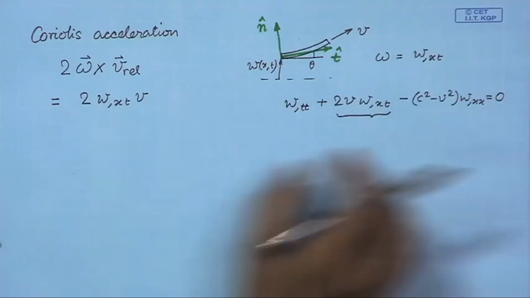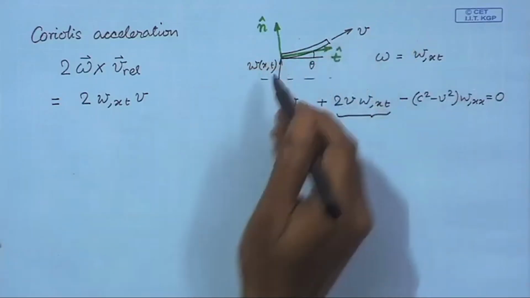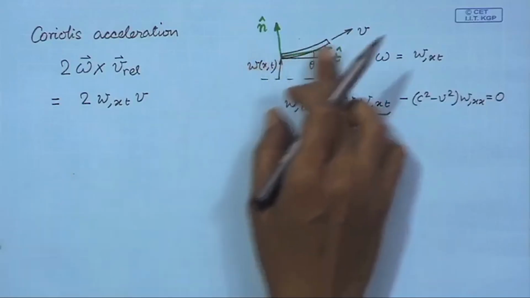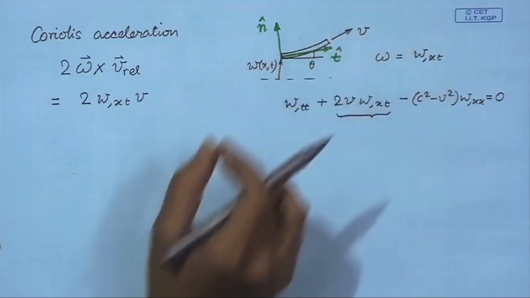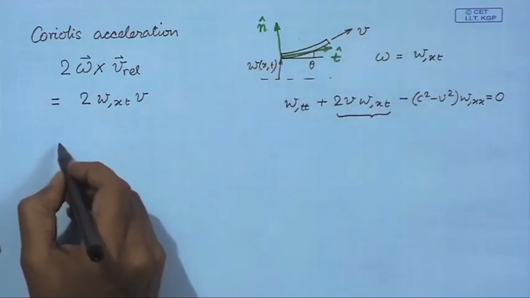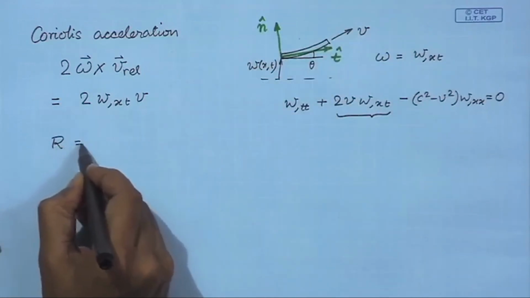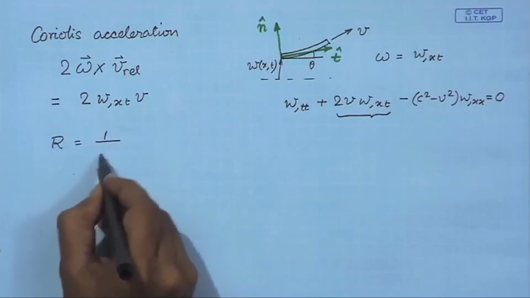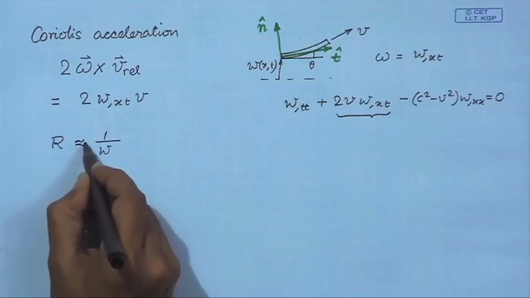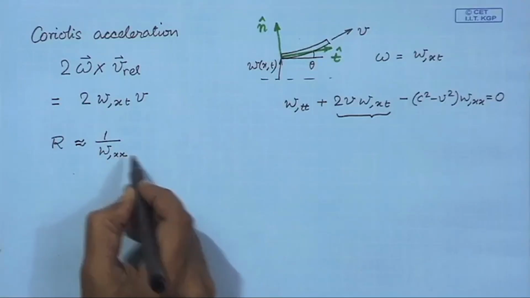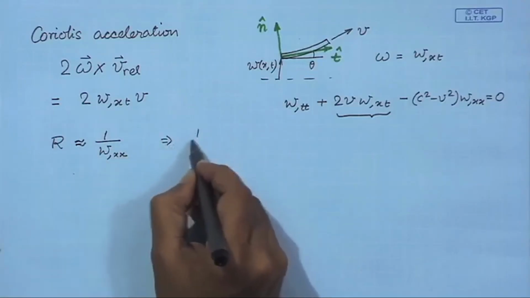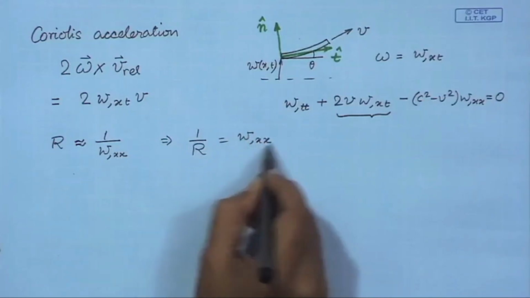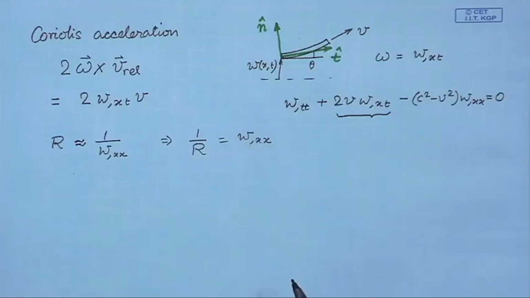and in addition to this we have the curvature of this element. So, this element is moving on a curved path, and the radius of curvature can be written as approximately, so the curvature, which is 1 over r, is the double space derivative of the field variable.